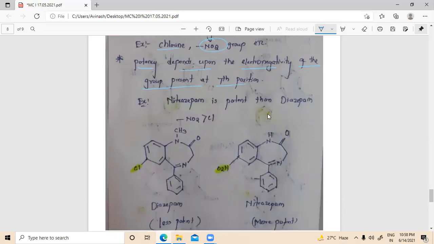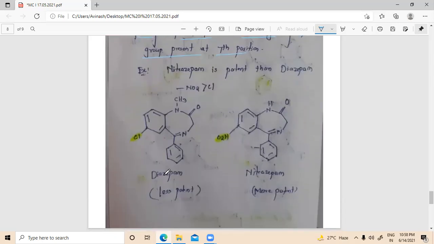For example, if you take these two structures, diazepam and nitrazepam, I will say nitrazepam is more potent than diazepam. Why? Because there is a nitro group here and there is chlorine. When you compare the electronegativities of these two groups, the nitro group is more electronegative.